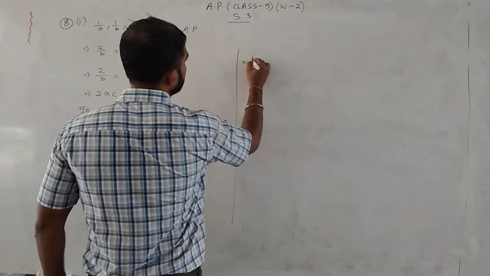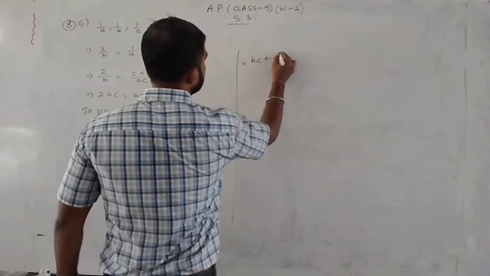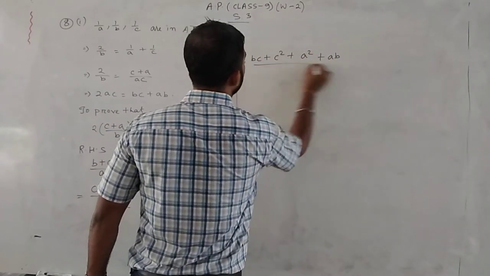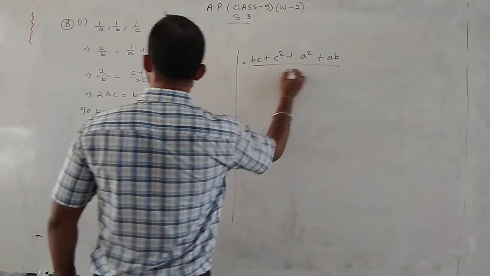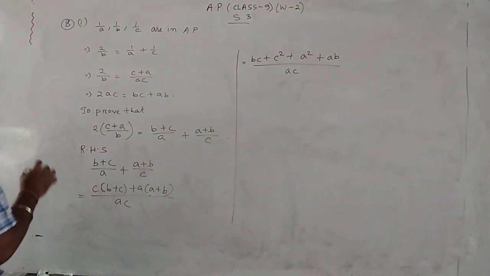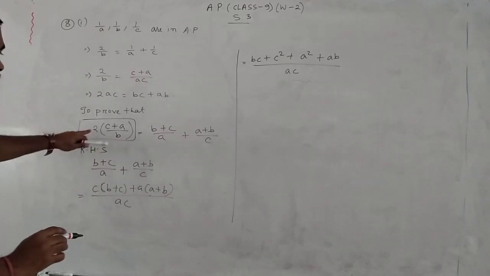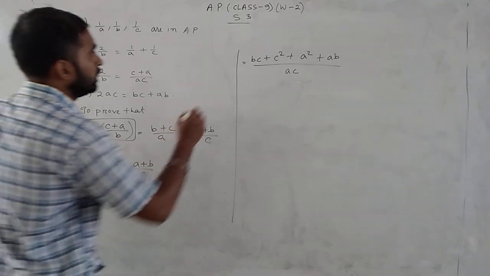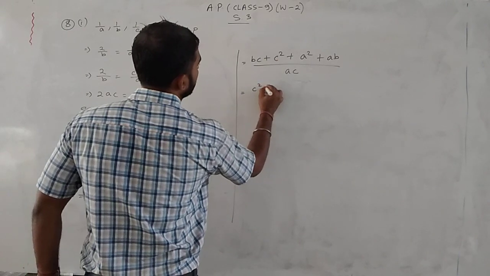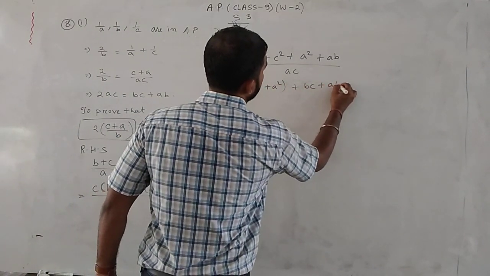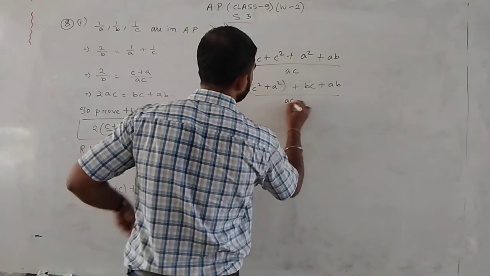So BC plus C square plus A square plus AB by AC. Okay, I will try this one. 2 into C plus A by B. Now C square plus A square plus BC plus AB by AC.